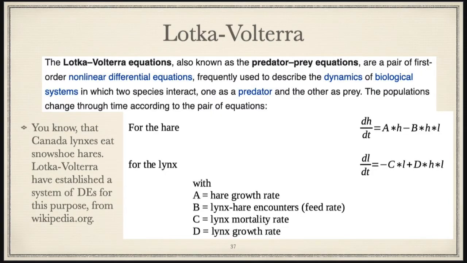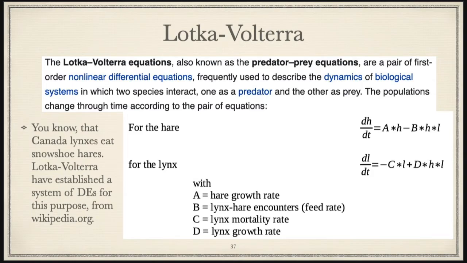The job was done by Lotka-Volterra. The Lotka-Volterra equations, also known as the predator-prey equations, are a pair of first-order nonlinear differential equations, frequently used to describe the dynamics of biological systems in which two species interact, one is predator and the other is prey.